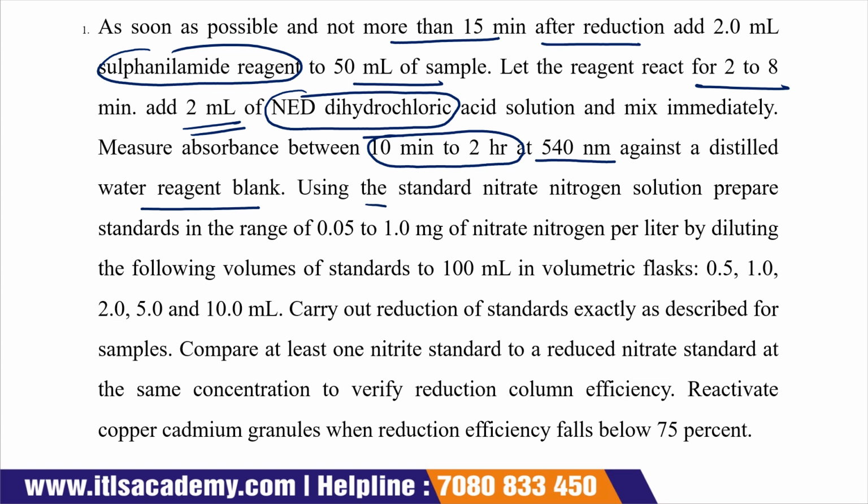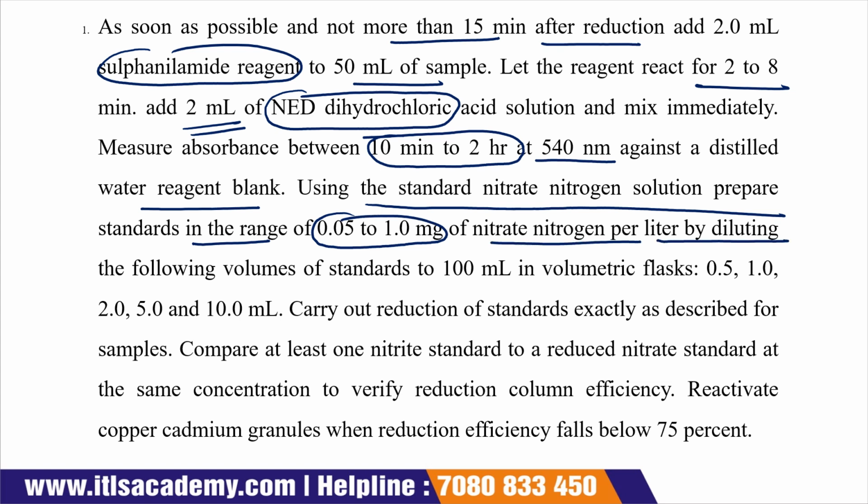Now, using a standard nitrate solution, prepare standards in a range of 0.05 to 1 milligram of nitrogen per liter by diluting the following volumes of standard to 200 ml in volumetric flasks, that is around 0.5, 1, 2, 5 and 10 ml.